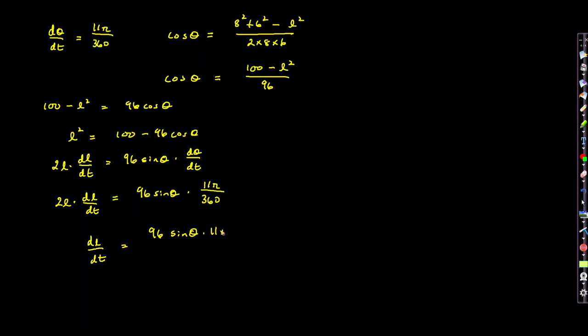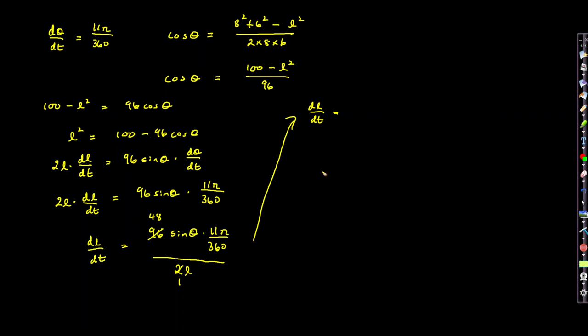Times 11 pi over 360, and all of that is going to be divided by 2L. So dL over dt would equal, let's cancel out the 2's, a factor of 2 there, so it's going to become 48.